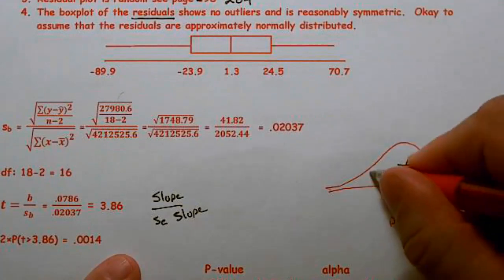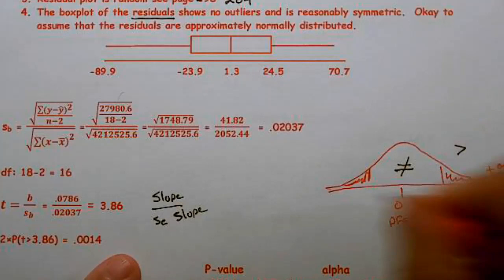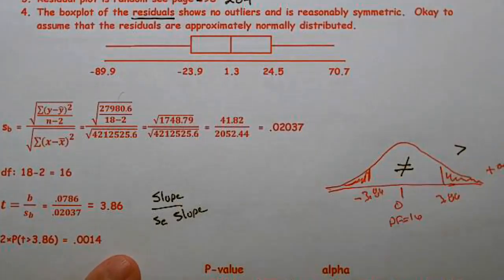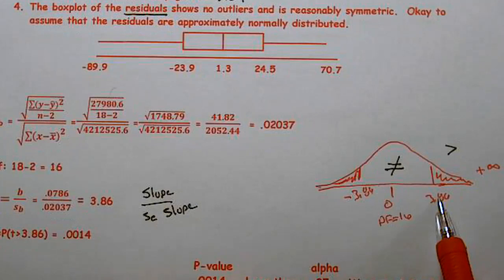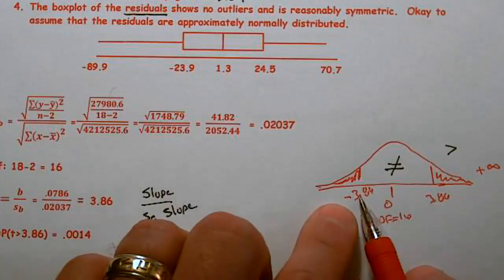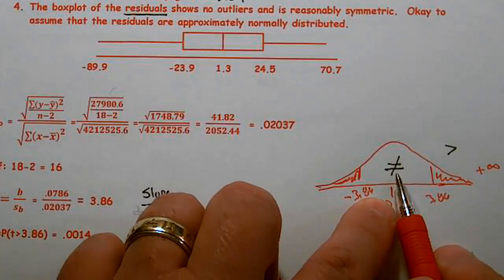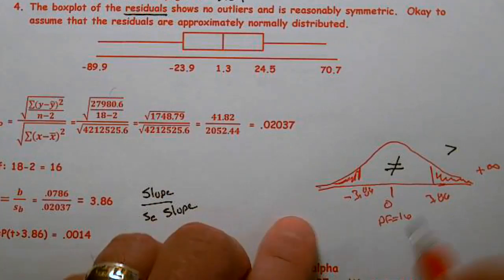So in which case I need to come back and shade it this way, because remember, a p-value is the likelihood of getting a test statistic as extreme or more extreme. Well, just as extreme is 3.86. So that means that, if we're working with a not equal to, in other words, our direction doesn't matter, just as extreme as 3.86 is negative 3.86.